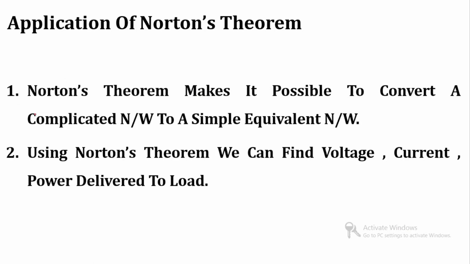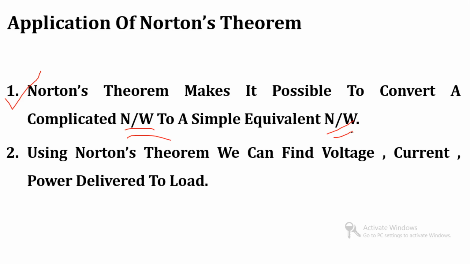Now, applications of Norton's theorem. With Norton's theorem it is possible to convert any complicated network into a simple network. Clear? We replace the network without the load by a single current source with a single parallel resistance.